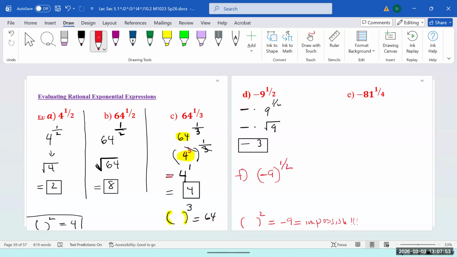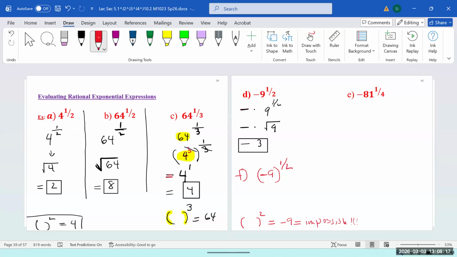It's not going to be the same for the first one, for the D, because negative 3 times negative 3 will be positive. Yeah, but here your negative is a multiplication, not your base. And in this one your negative is a base. So you have to find a number square that turns into a negative.